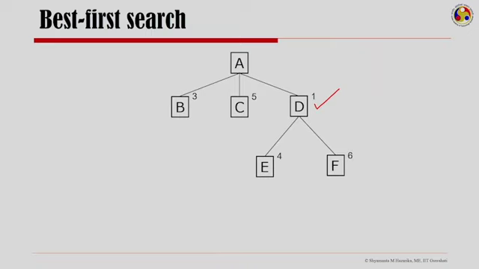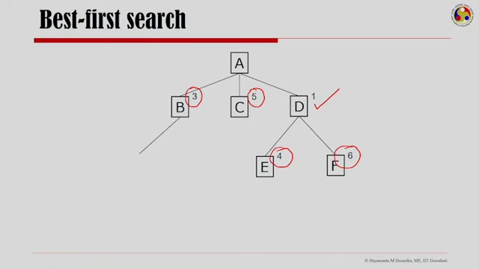Now if you compare the heuristic values at B, which is still unexpanded, at C, which is still unexpanded, and the unexpanded nodes E and F, we see that B looks most promising, and therefore a best first search would expand B rather than expanding E or F as it would have been done in case of a depth first search.